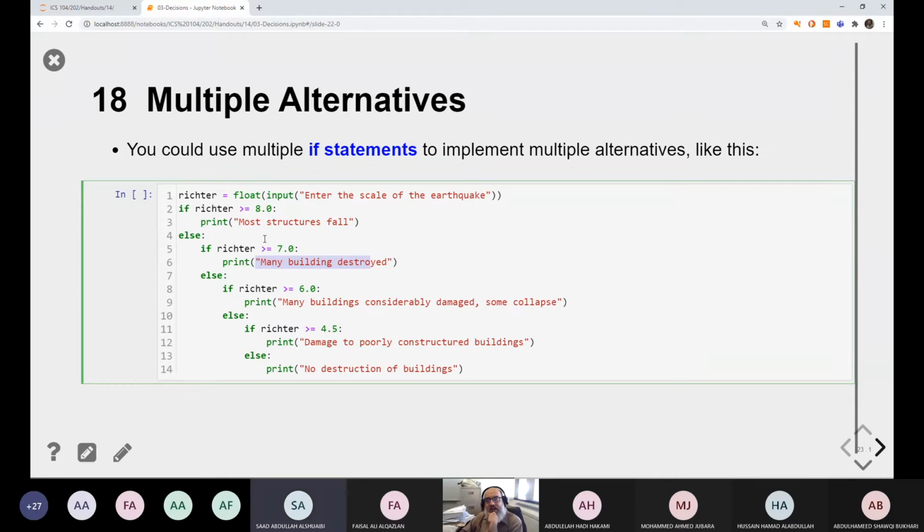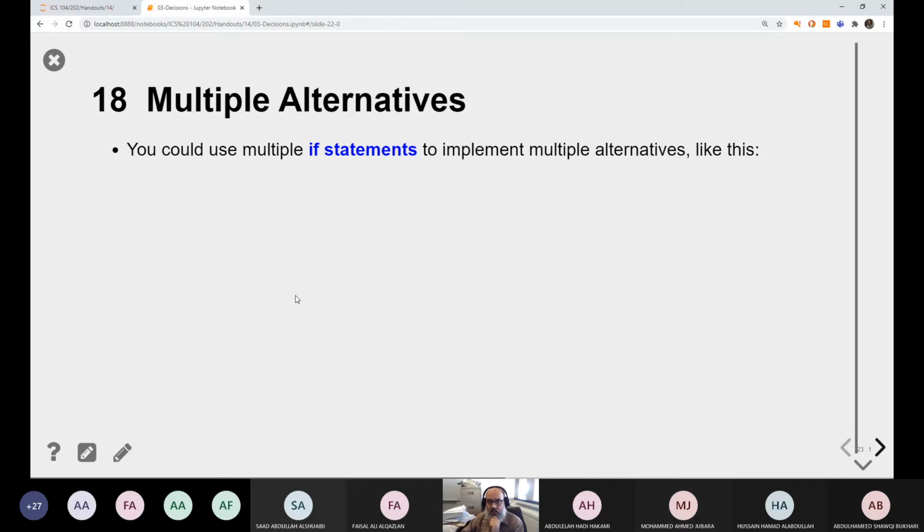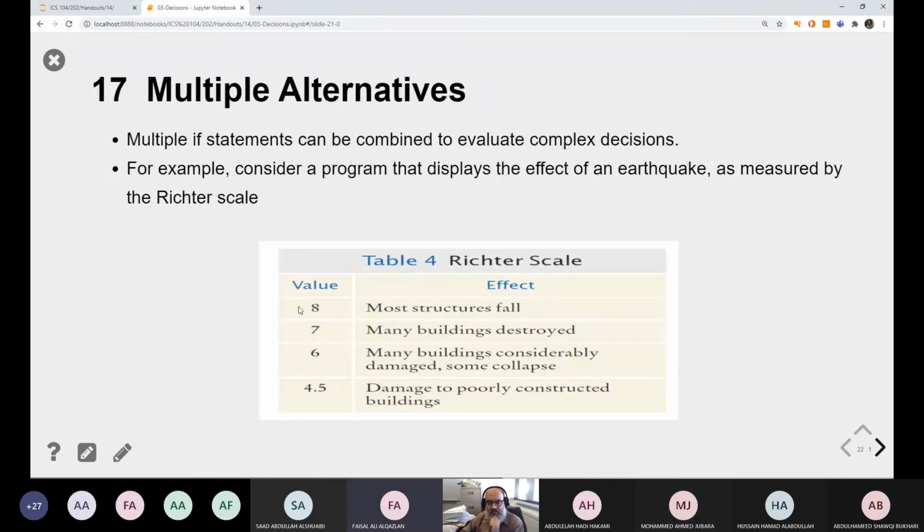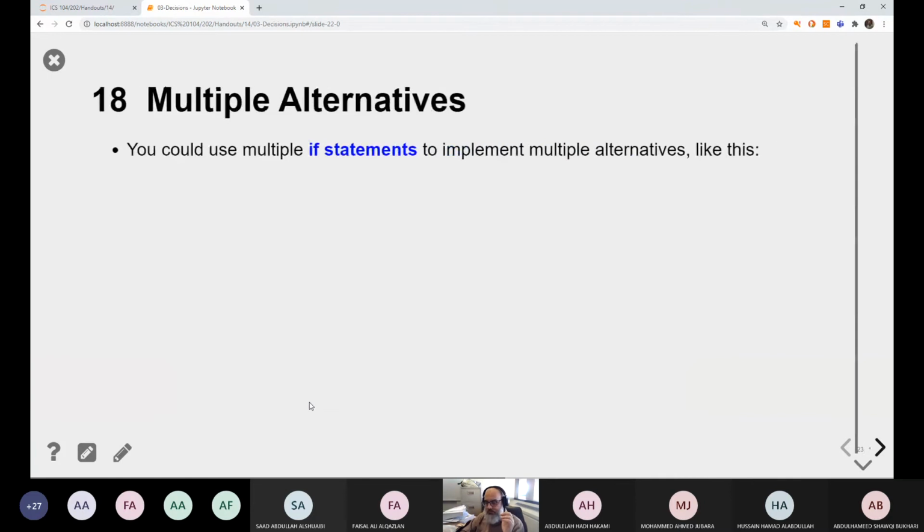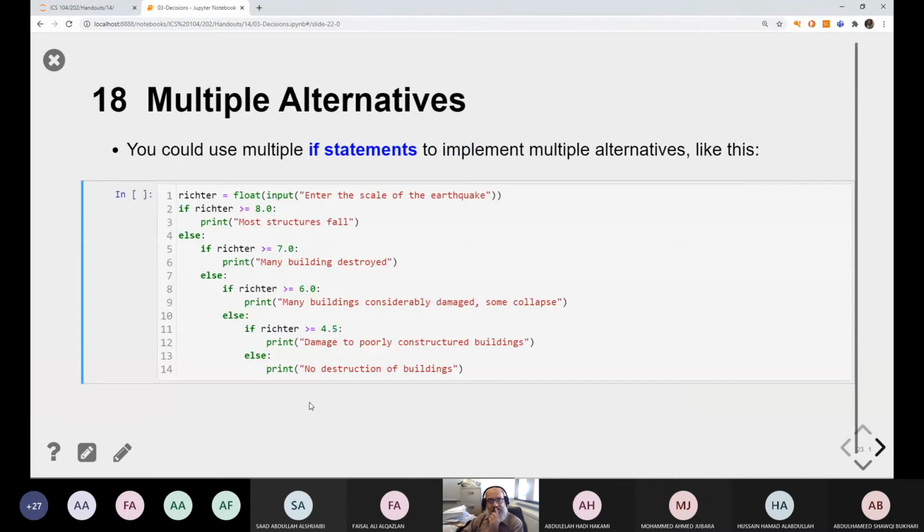What if, instead of having only 4 different cases in this table, we have how many cases? 1, 2, 3, 4, and if it's less than 4.5, so we have 5, right? What if we have 10? What will happen to the code? Too long.